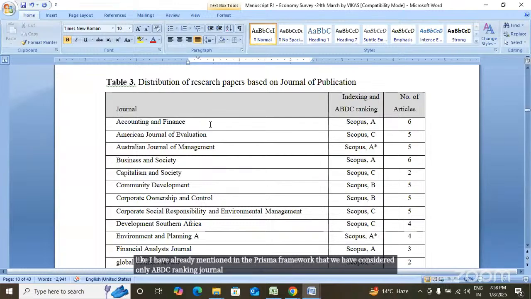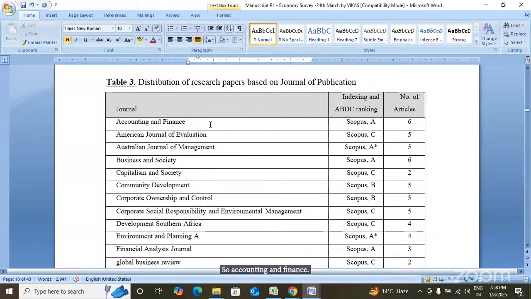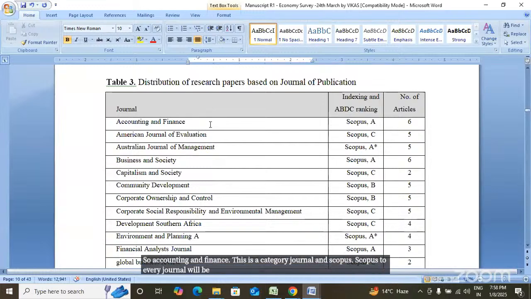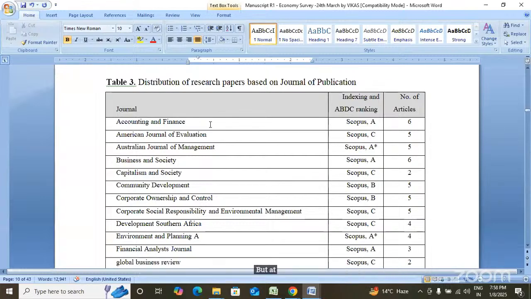So look at this: accounting and finance, this is an A category journal, and Scopus. Every journal will be Scopus indexed, because we extracted the data only from the Scopus database. So all the papers will be Scopus indexed, but at the same time we put this criteria of ABDC as well.